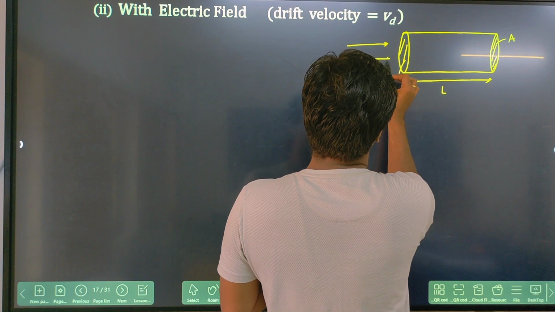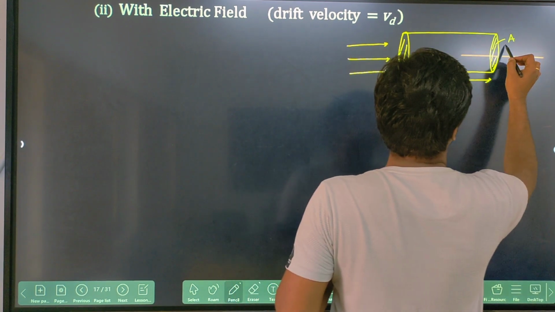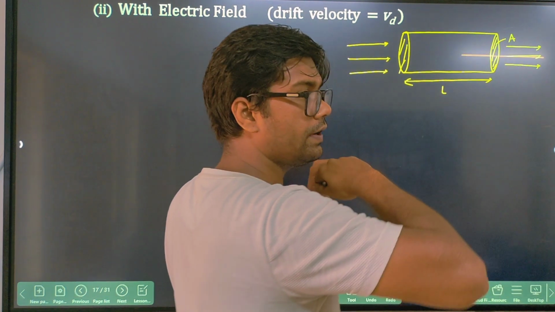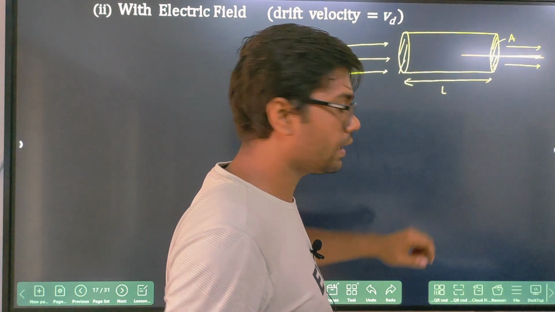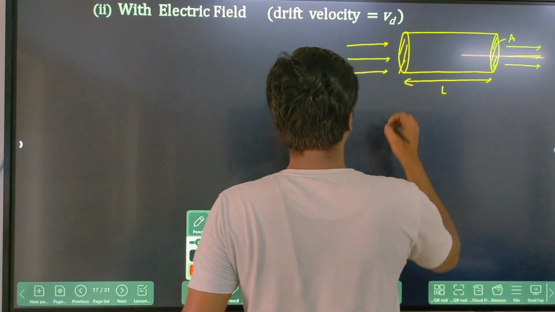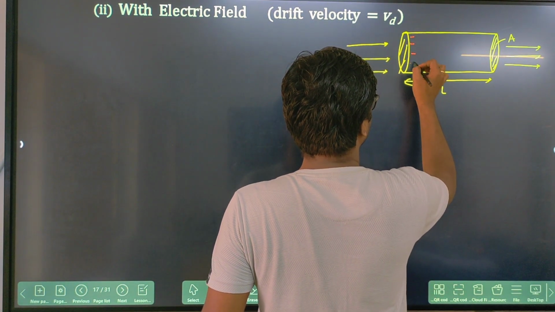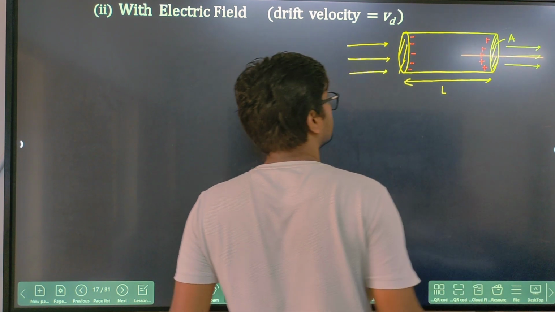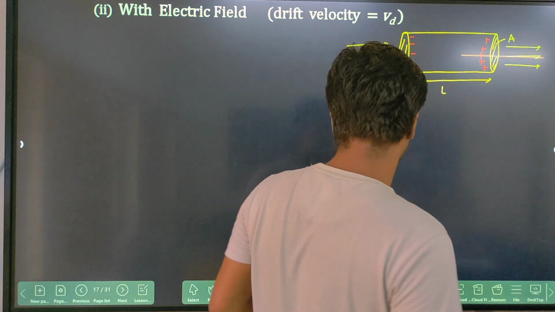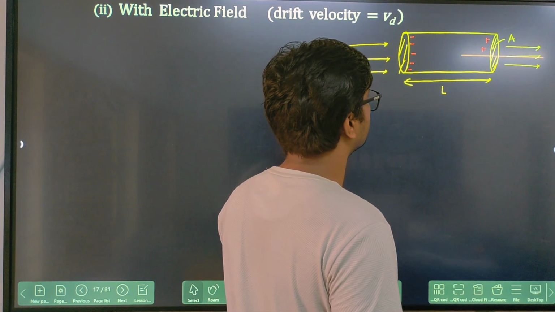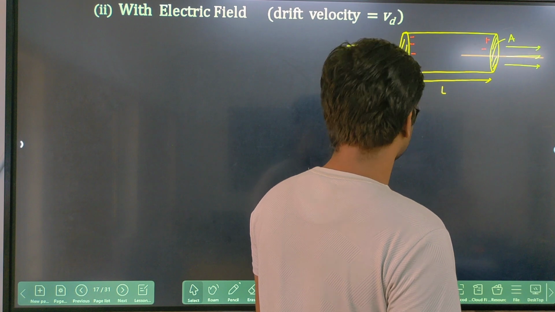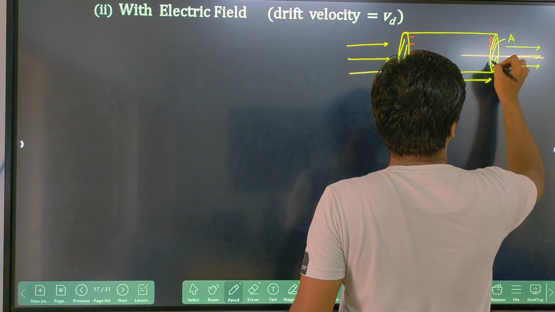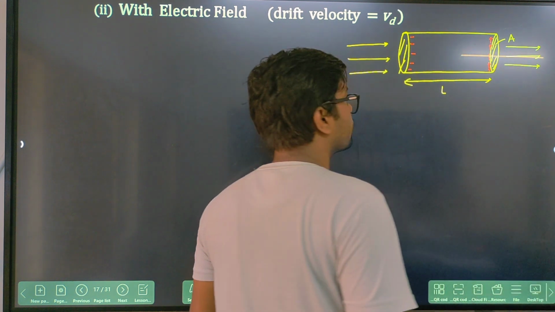Due to this application of the electric field, you know from electrostatics what will happen: the negative charge will get accumulated here and the positive charge will be induced on this side, on the surface of the conductor, not inside the conductor.